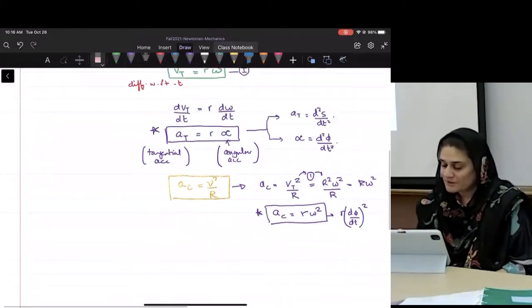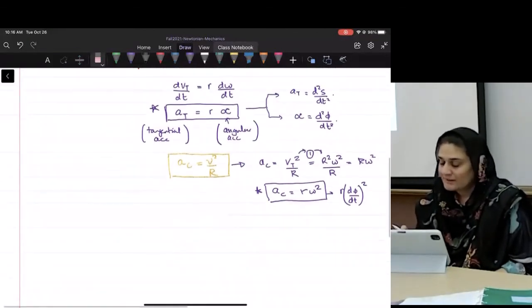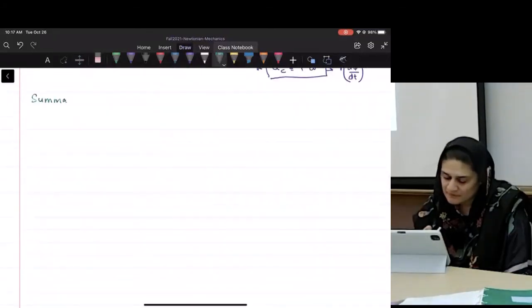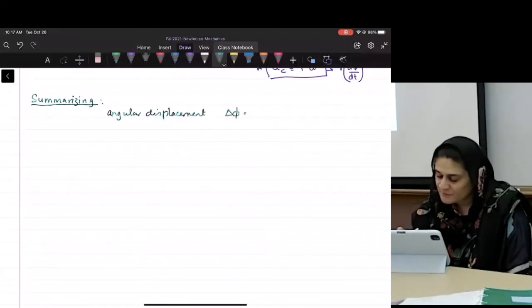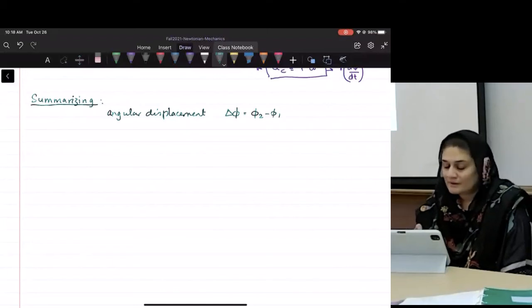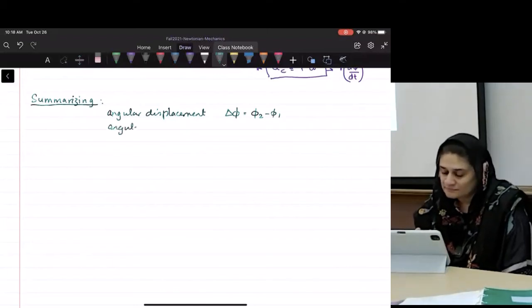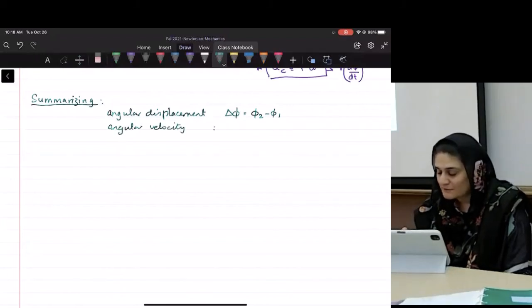Units. We didn't talk about units. So let's summarize. Angular displacement delta phi is given by phi 2 minus phi 1. Angular velocity is given by omega equals delta phi over delta t.